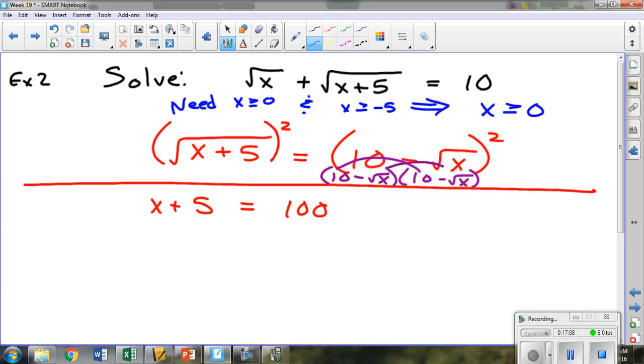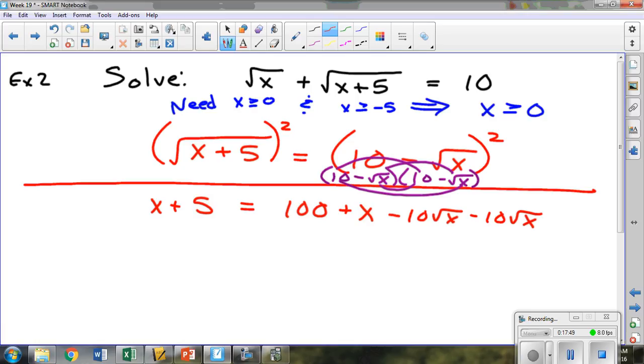And the square root of x times the square root of x is just x. Negative times a negative gives us a positive. But don't forget the cross product terms. We also have 10 times the negative square root of x, and the second cross product term, negative square root of x times 10.